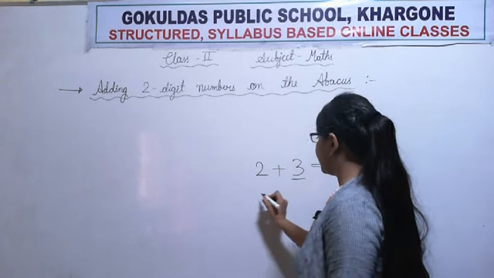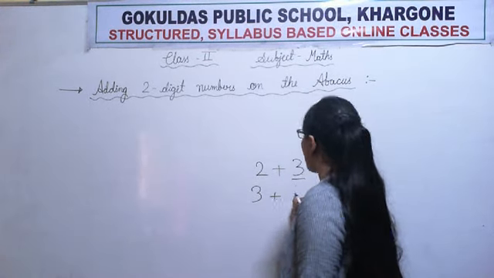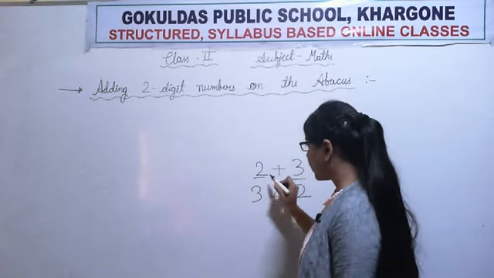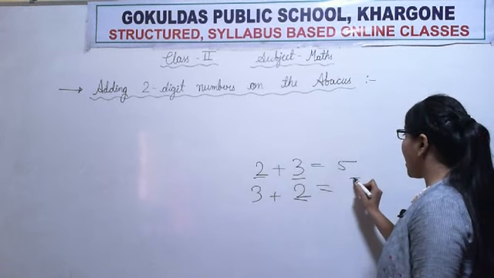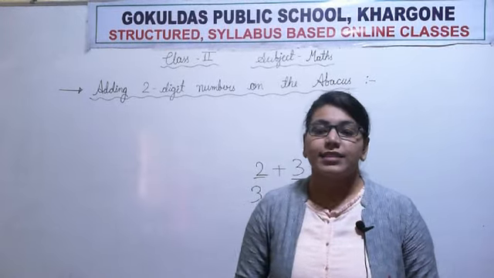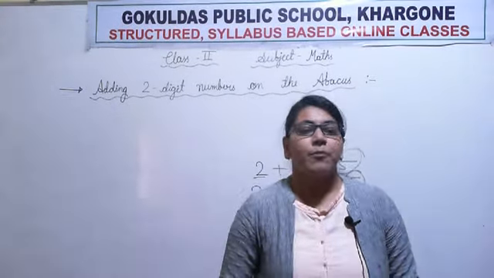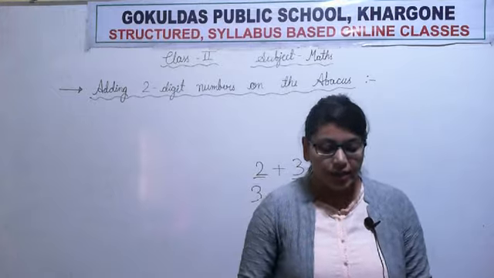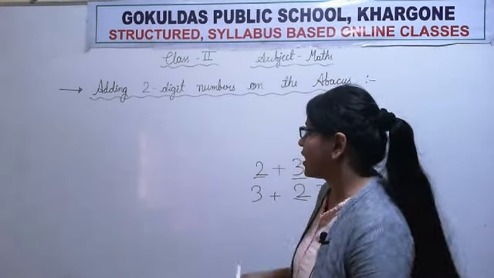Whether I write this 3 here or here, or this 2 here or here, our answer does not change. The second property was the zero property of addition.